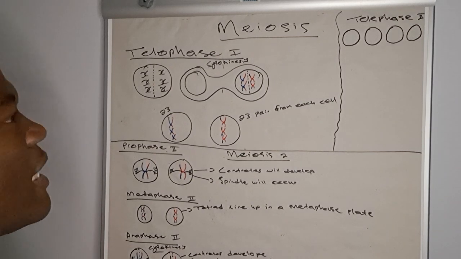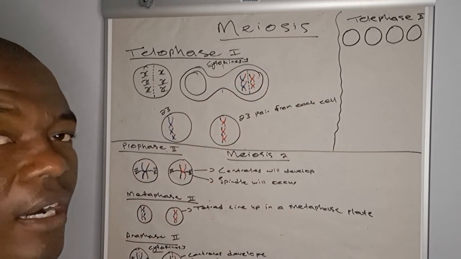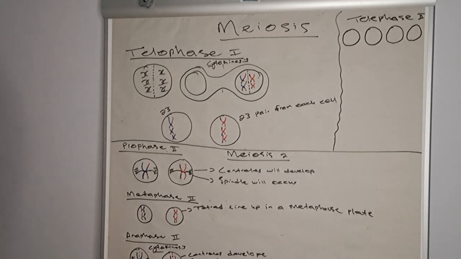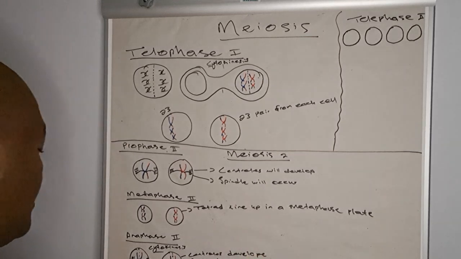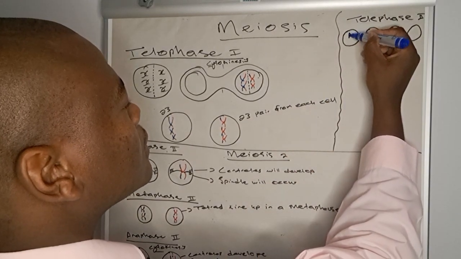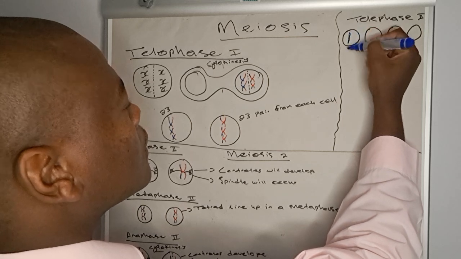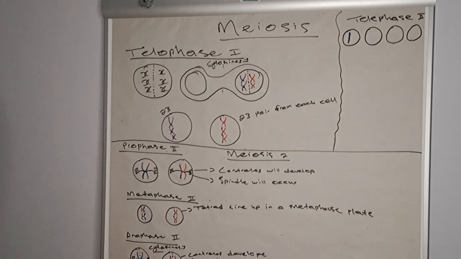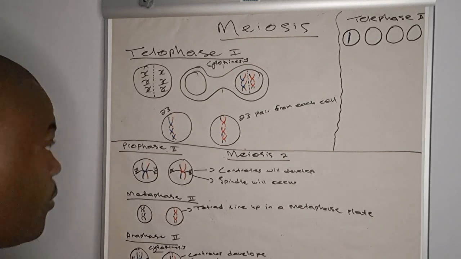How will they look on telophase 2, which is our final stage? They will look like this. This actually can give you direction. You will understand. This will be like this. And then the second one, you look at this one. How does it look?